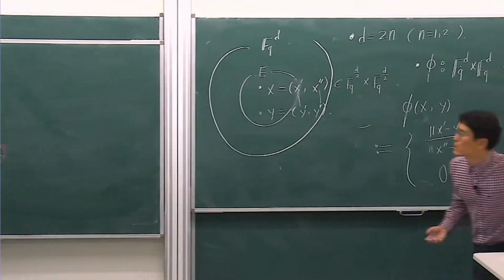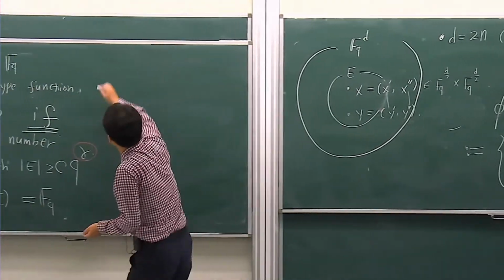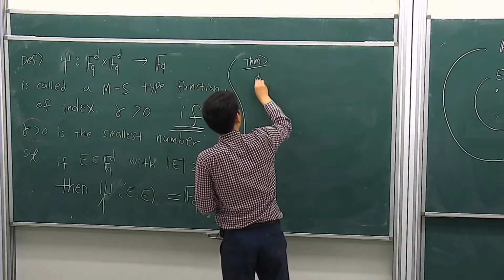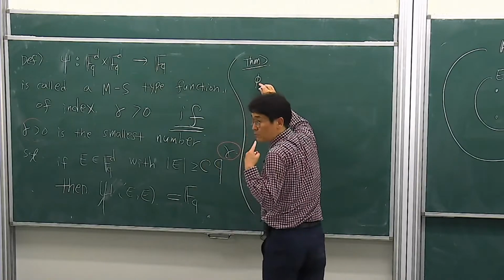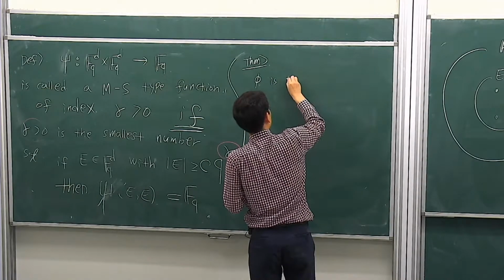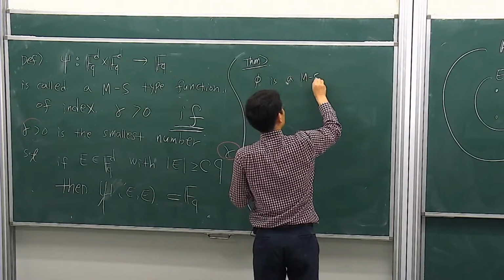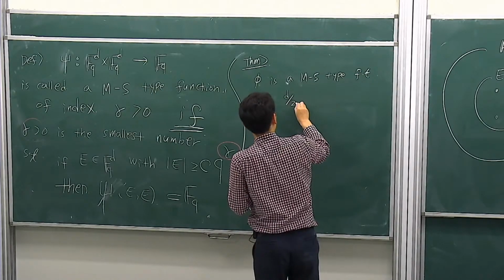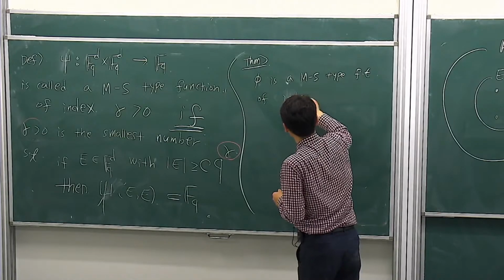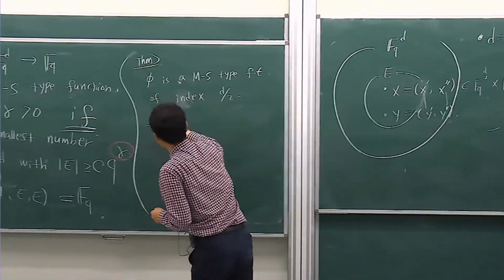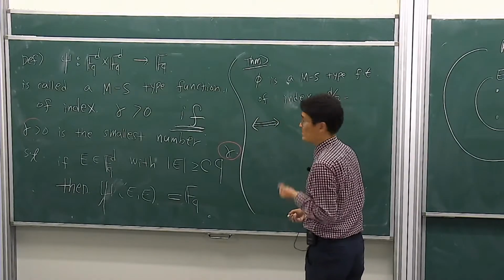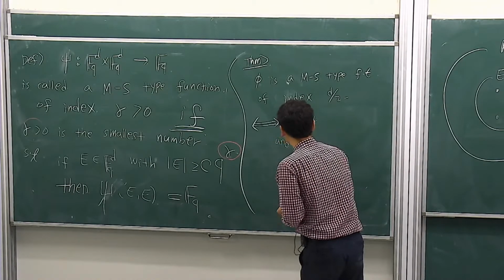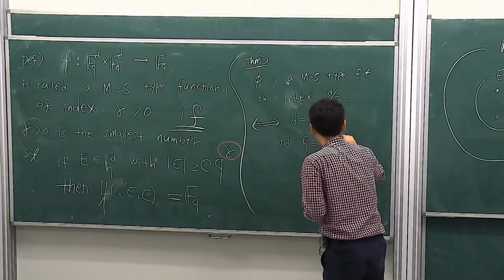So what is the theorem? Our pi function here is a Mattila-Sjölin type function of index d over 2 if and only if, interesting, q is exactly 4 dimension and -1 is not a square number.